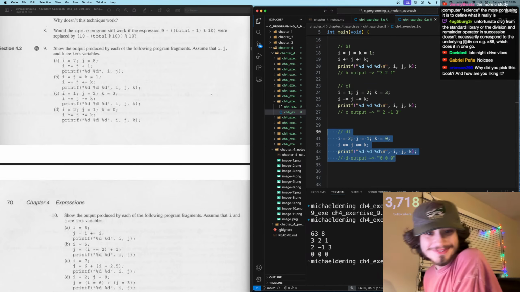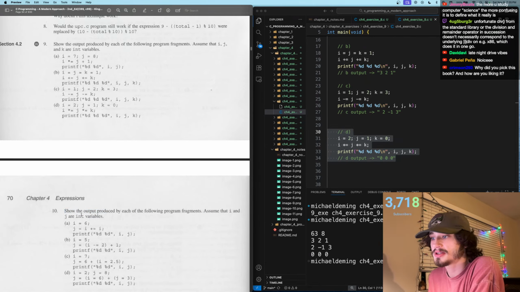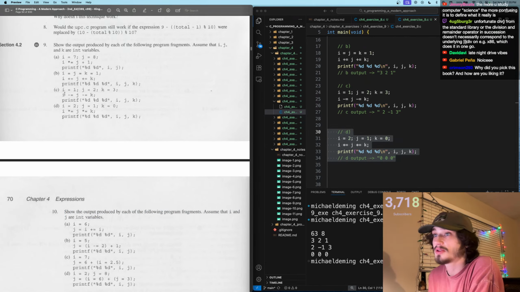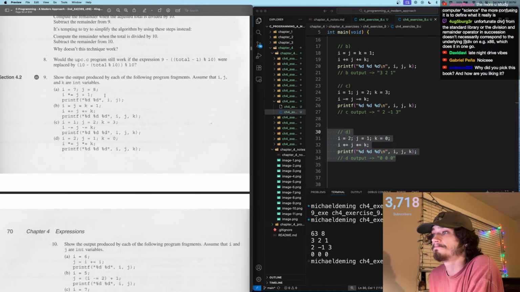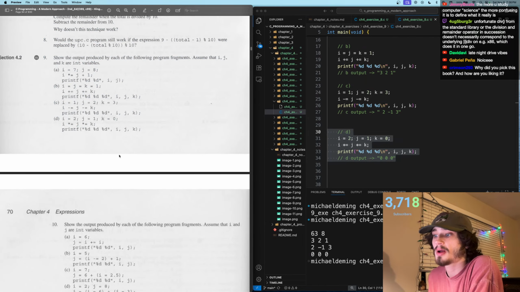Hey Crimson, why'd you pick this book and how are you liking it? I've got a lot of recommendations for this one. I wanted to know more about not only modern C, but also the history of C, so it gives comparisons for C89 and C99. It also has a lot of good programming practice problems and projects.